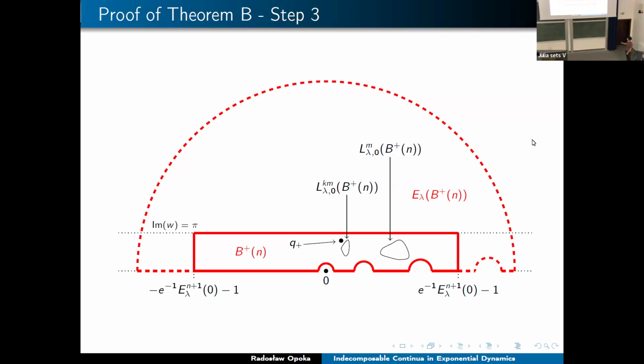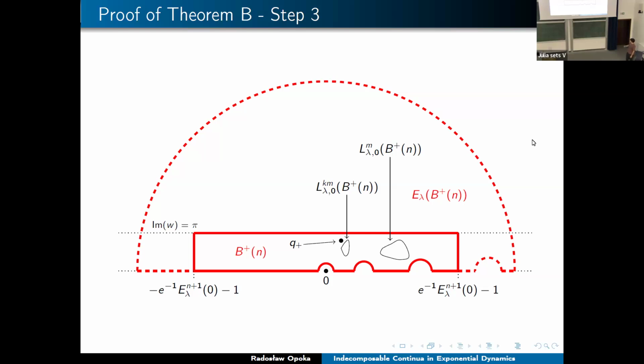And we can prove that if we set the bounds properly. This is the left and right bound of this rectangle. This is, for example, some proper choice of these bounds. Then the image of B plus of n covers B plus of n.